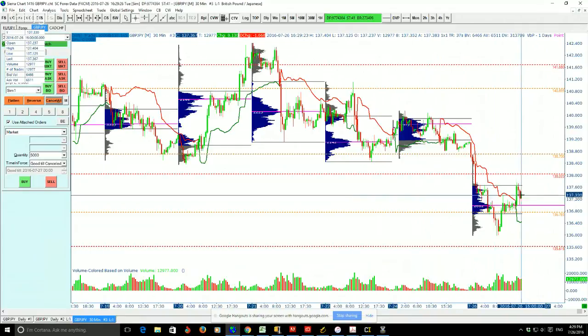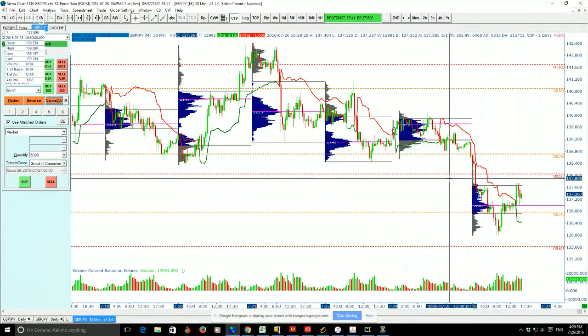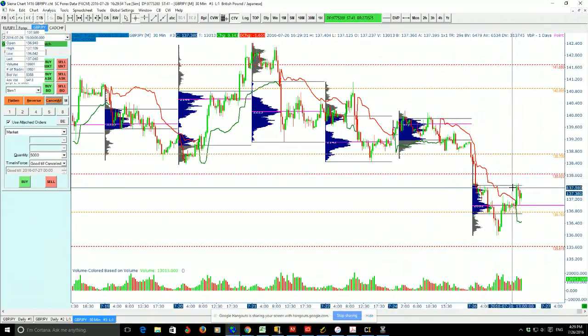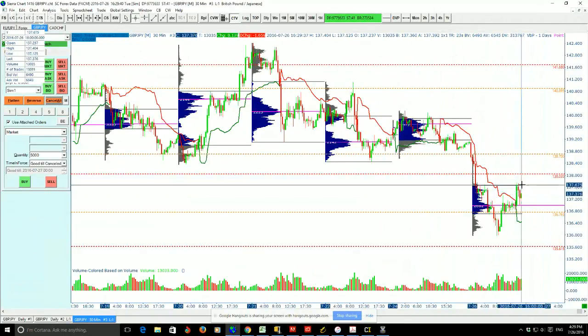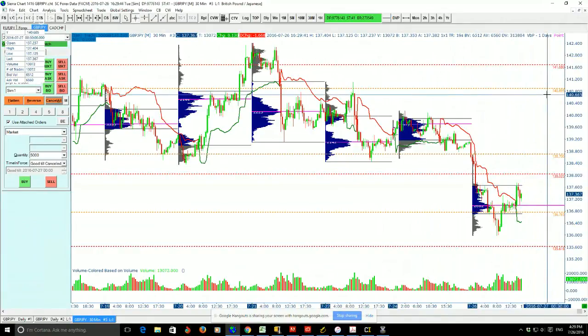So I'm not going to get involved in this particular trade until it moves above the 138.055 and then comes back down and tries to retest that area again. Then at that time, we're going to get involved and try and push price right the way back up.